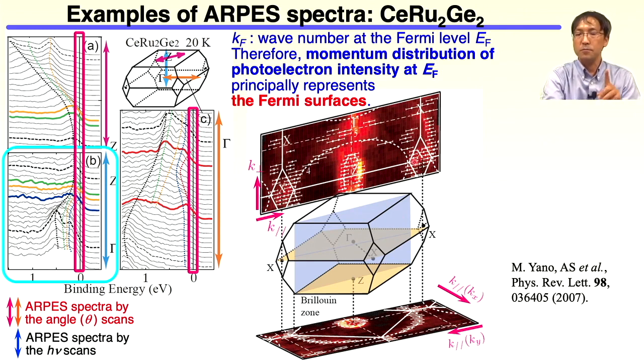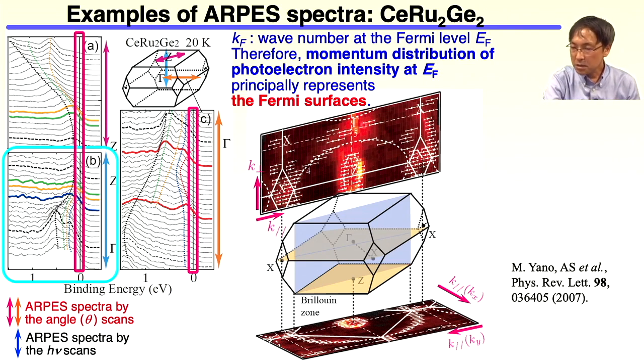For CeRu2Ge2, the result of the momentum distribution of the photoelectron intensity at the Fermi level is shown here, where the white dots represent kF, the Fermi wave vectors. Then we detect the cross-sectional Fermi surface as displayed here.